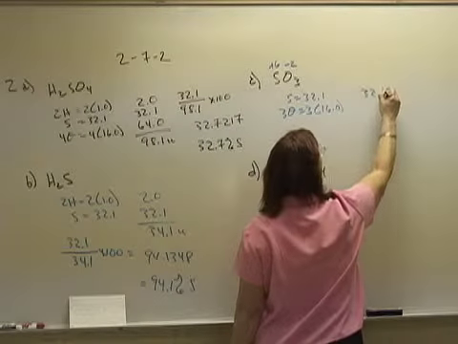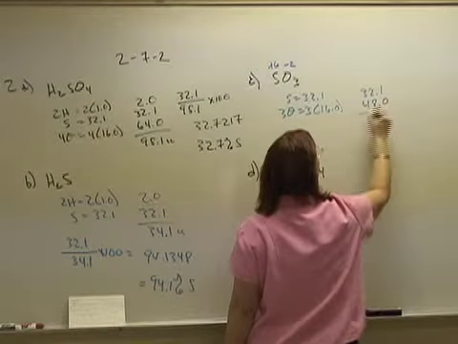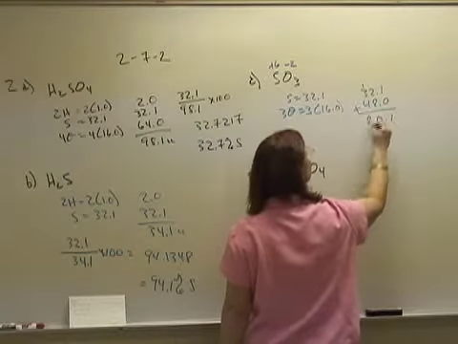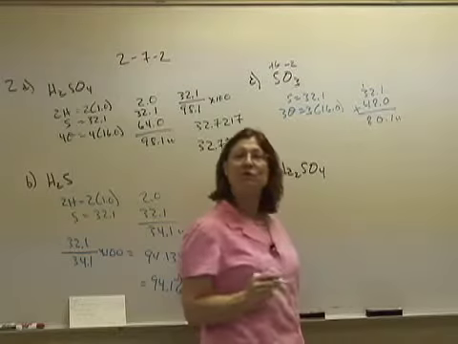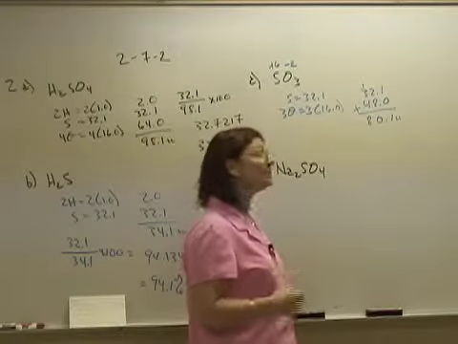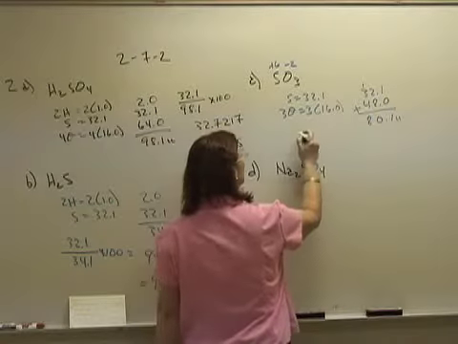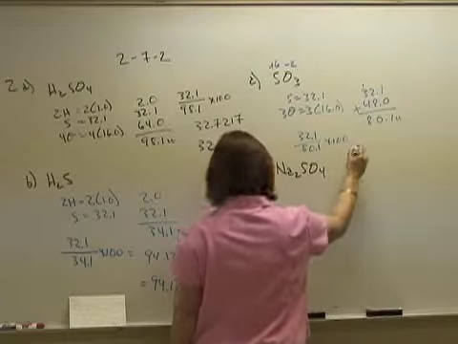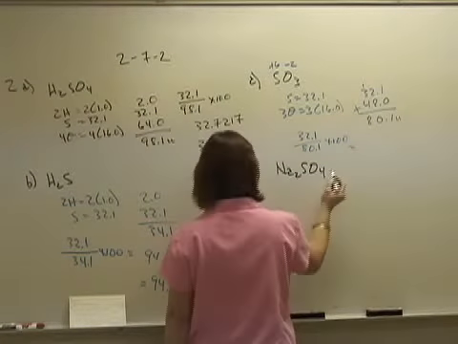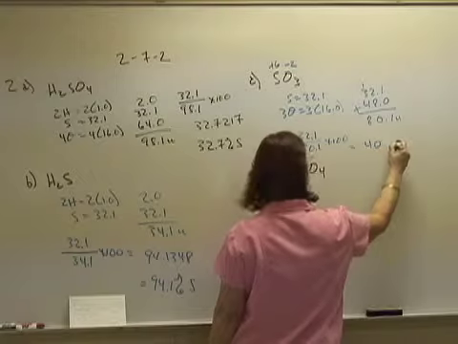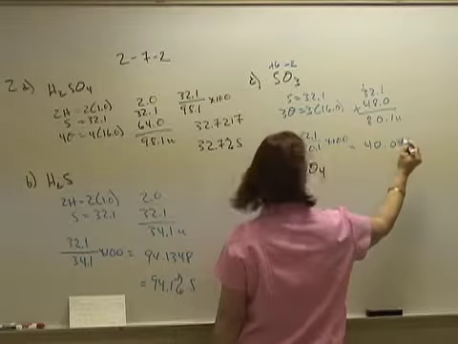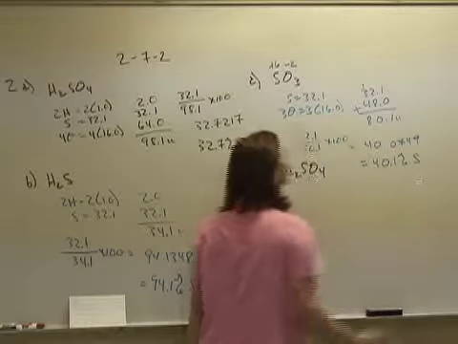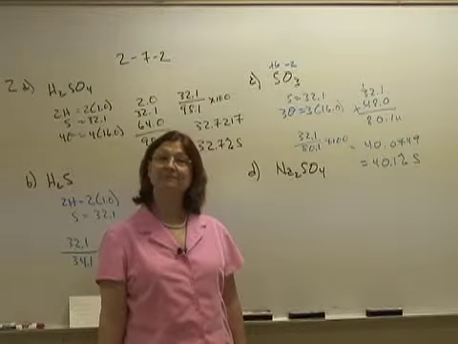Therefore, I have 32.1 plus 48.0, and that gives me 80.1 AMU for the mass of this formula. Then I take my 32.1 divided by my 80.1 times 100 to get the percentage of sulfur, and I get 40.0749, which gives me 40.1% sulfur in sulfur VI oxide.